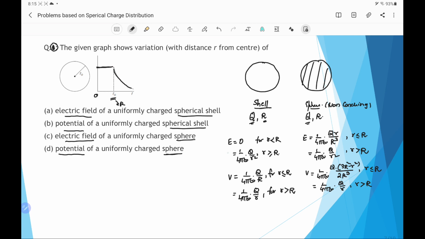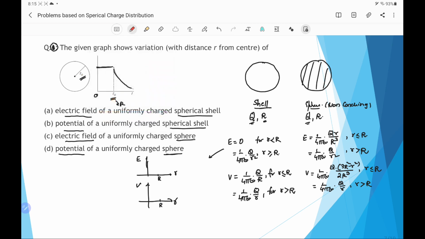If we draw the graph of the electric field for the shell, this is E, this is r, this is V, this is small r. Here the radius is taken as R0, we are considering it as capital R. And now we draw the graph.